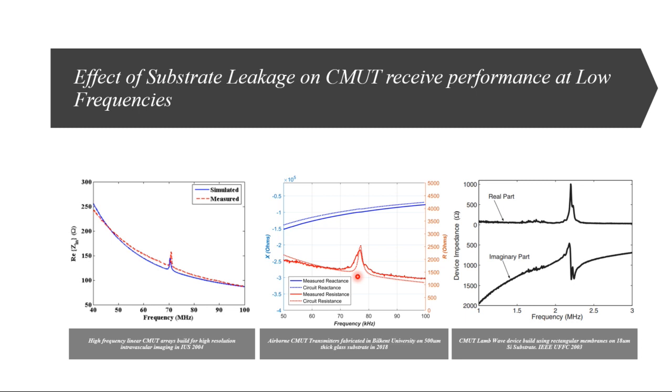Okay, CMUT might have a very large wavelength in the front medium because for fluids or for air applications, the longitudinal speed of sound in air is much smaller than that in solids. So at the same frequency, you're going to have a very large wavelength in the backing solid. Okay, so if that thickness is small, if the substrate is not considered as rigid or solid, then you have this kind of a trend.